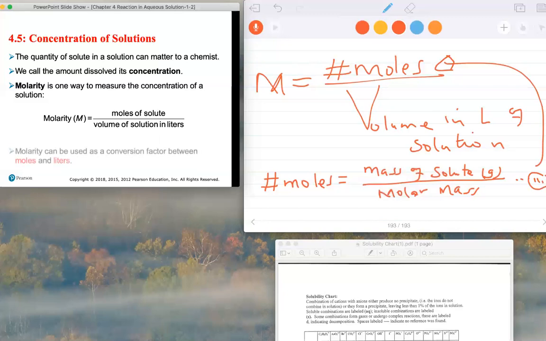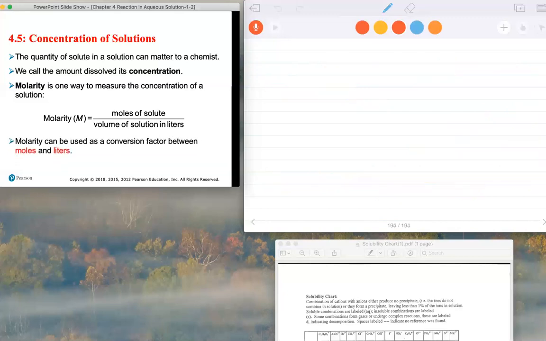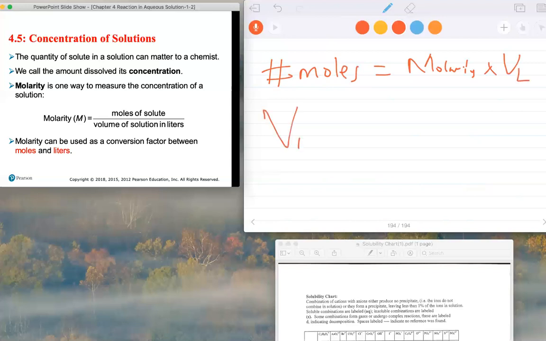And using that equation, you can regenerate other two equations. You can relate molarity with molarity times volume in liters, all right? Or volume in liters could be given by number of moles over molarity.